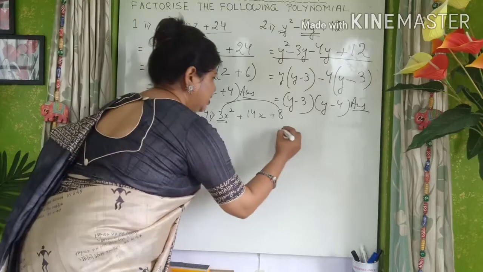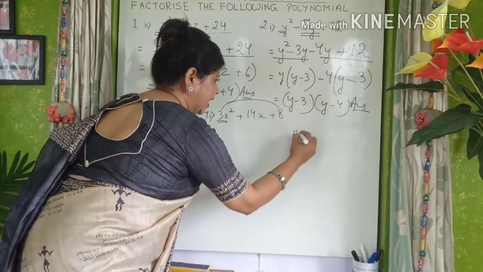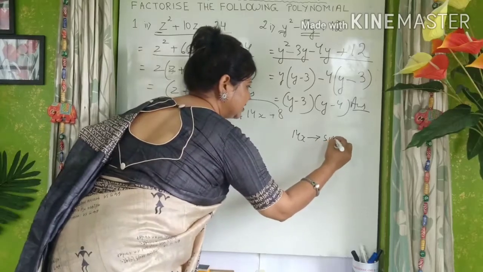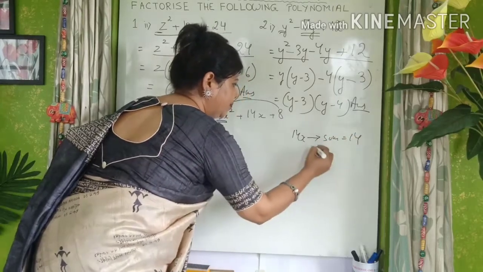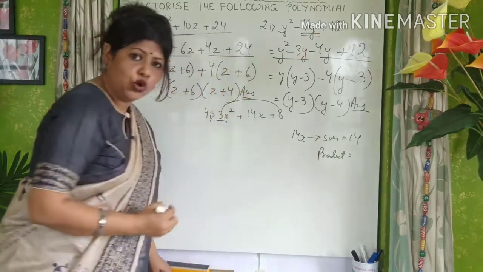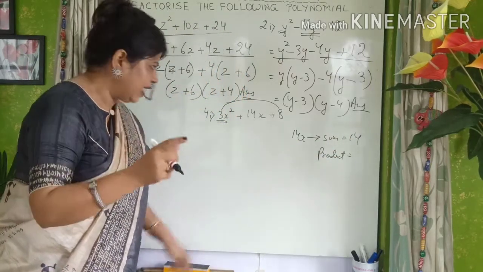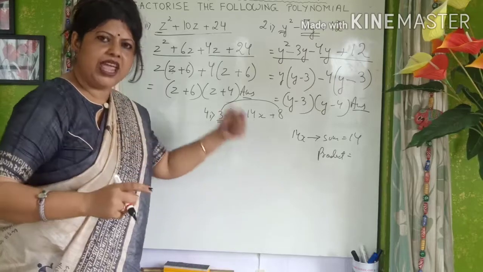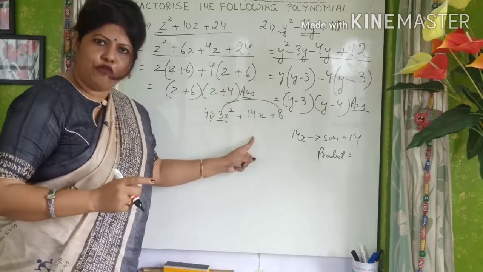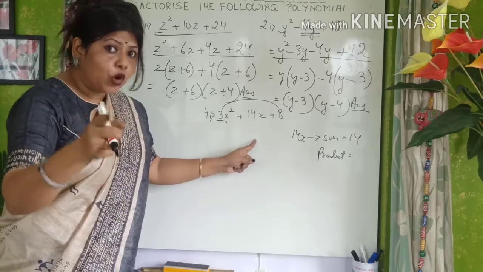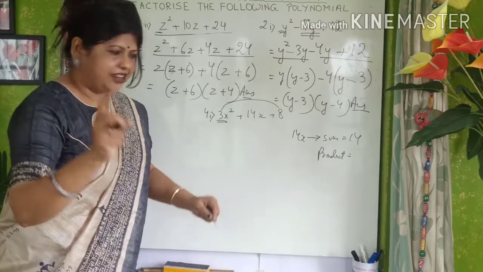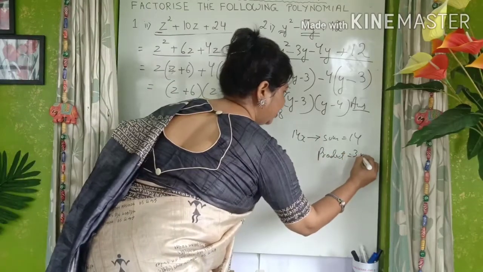That means you will break up 14x in such a way that their sum will give you 14 and their product should be 3 into 8. Not only 8. Their product should be 3 into 8.